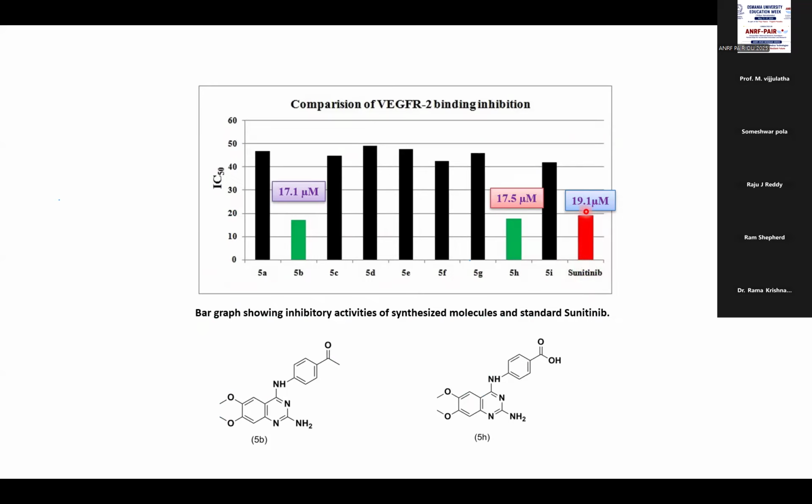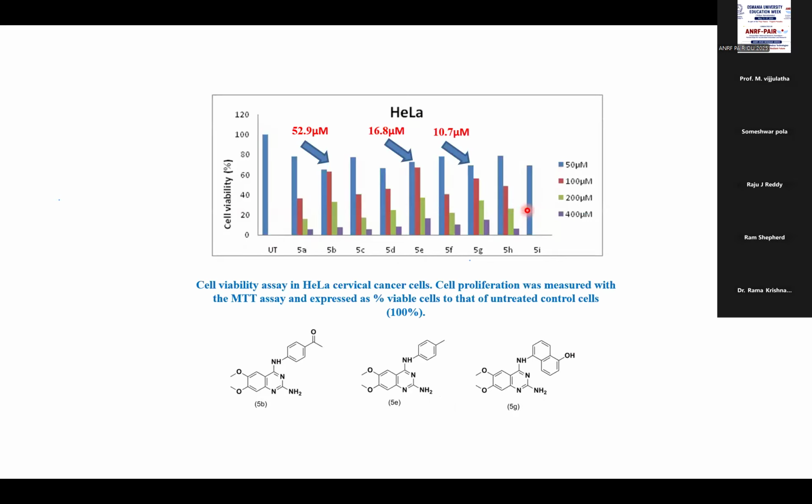Sunitinib had a binding affinity of 19.1 micromolar, whereas our molecules 5H and 5B had 17.1 and 17.5 micromolar. So based on this, we thought these two molecules have better inhibitory activity compared to sunitinib. So we went for other cell viability assays like HeLa, cervical cancer cells.